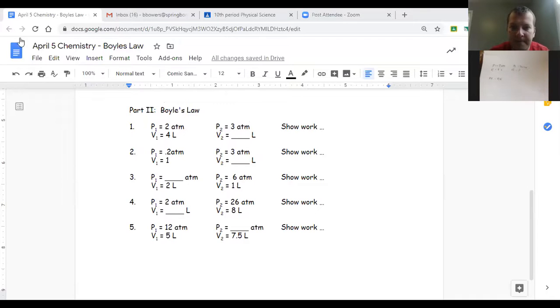So I wrote it out. This is the assignment. This is the question. P1 equals 2. V1 equals 4. P2 equals 3. What does V2 equal? Well, this was our equation, correct? So all we have to do is plug in our numbers. P1 is 2. V1 is 4. P2 is 3.